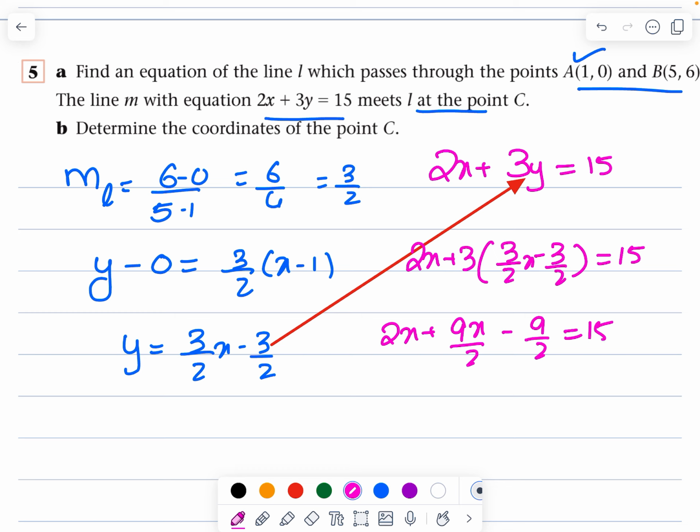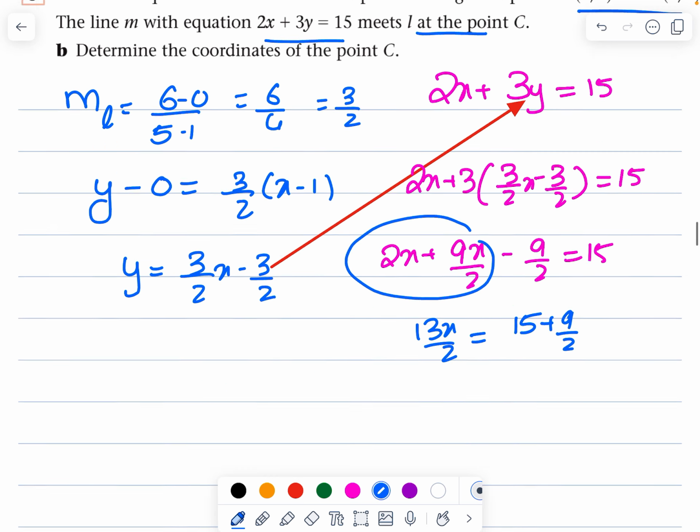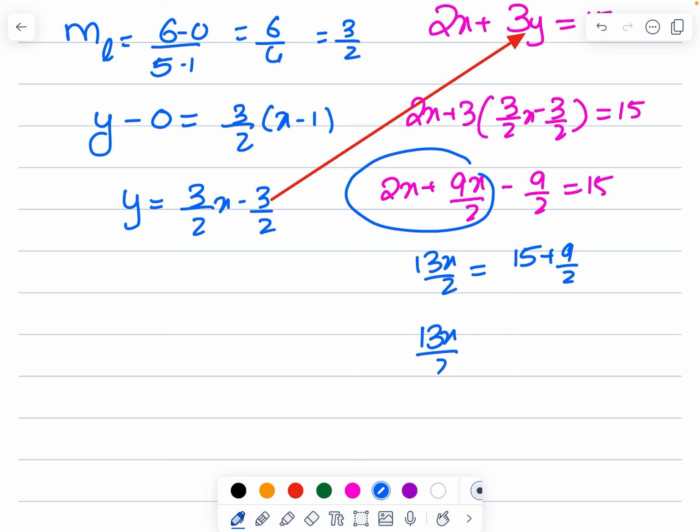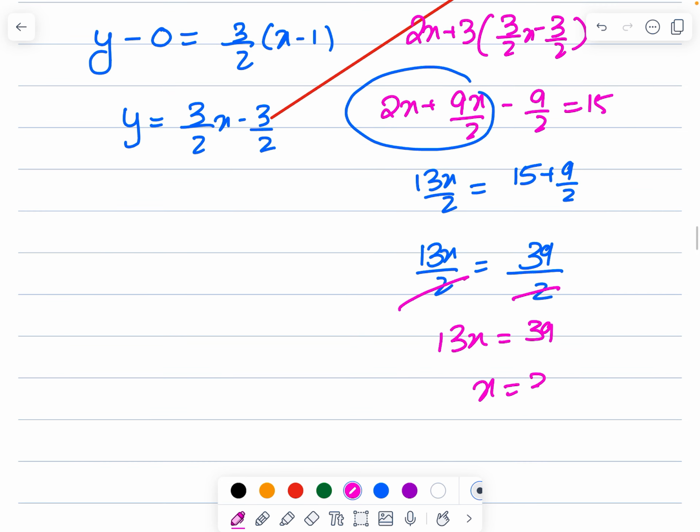When I add these two, it becomes 13x upon 2 equals 15 plus 9 upon 2. 13x upon 2 equals 39 upon 2. The 2s cancel, 13x equals 39. So x equals 3. Plug in x equals 3.